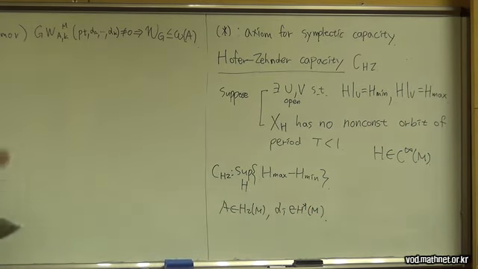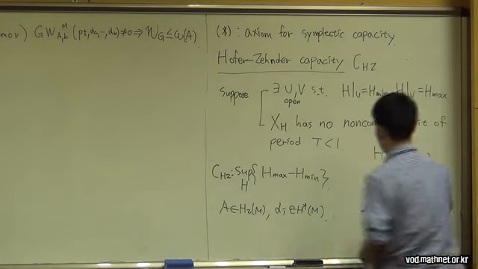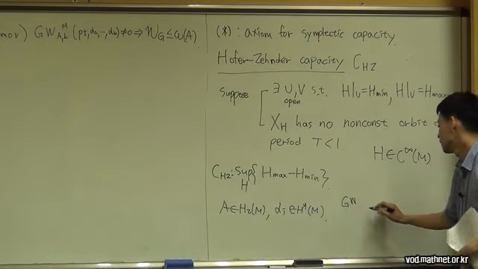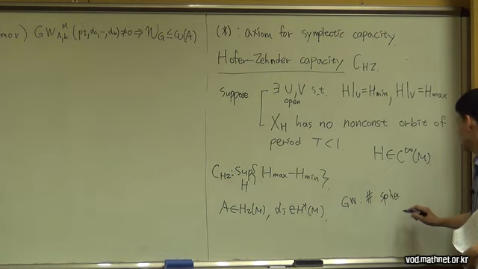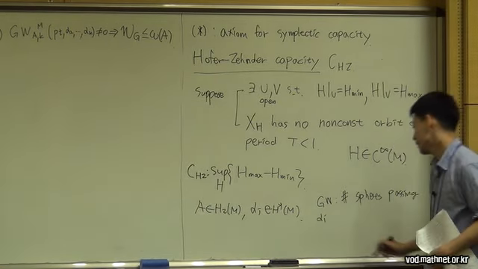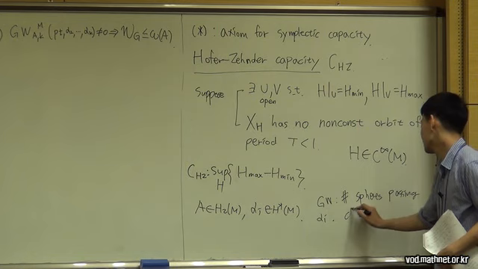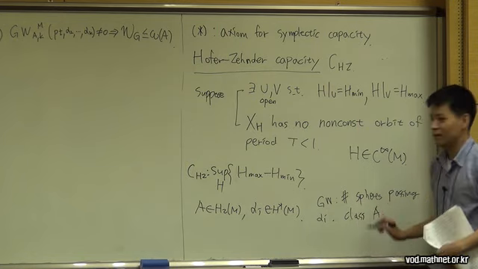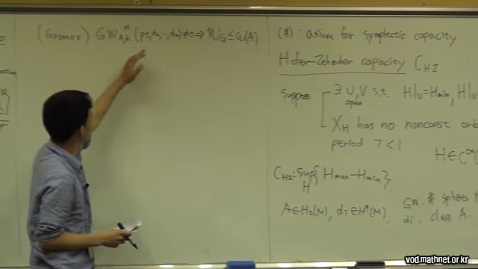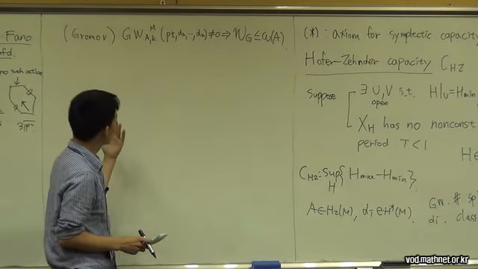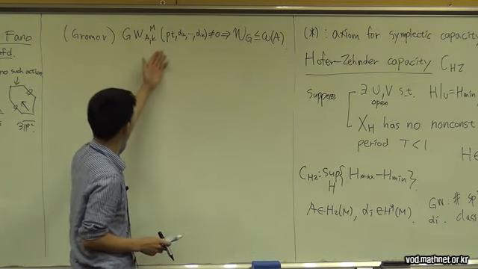And this one is the number of spheres passing through alpha i with class A. The first one is a point, so this means that given a point, there is a holomorphic sphere passing through that point.